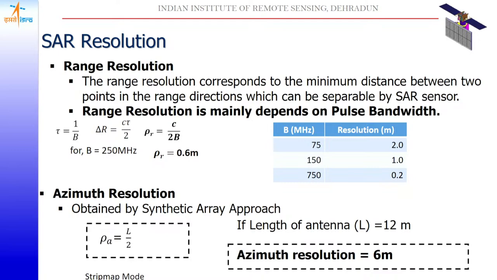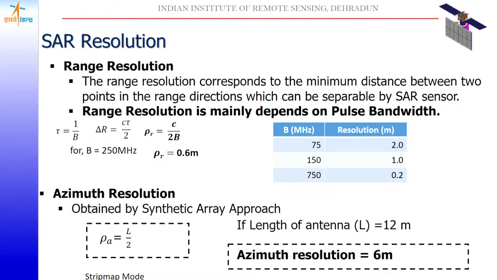Normally the SAR range resolution is C by 2B, and azimuth resolution is L by 2, where L is the length of the antenna. If the length of the antenna is 12 meter, we will get an azimuth resolution of around 6 meter by using this synthetic aperture concept.